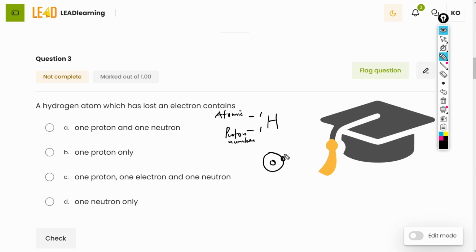So if it loses this electron, which is the only electron it has, what is left of it is simply a proton. So a hydrogen atom which has lost an electron contains 1 proton only. So our correct answer is the option B.